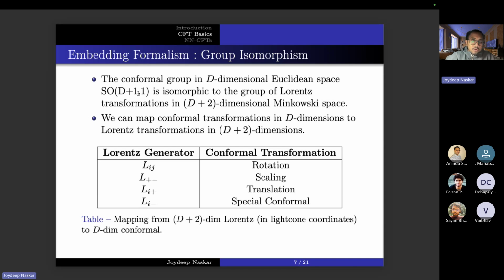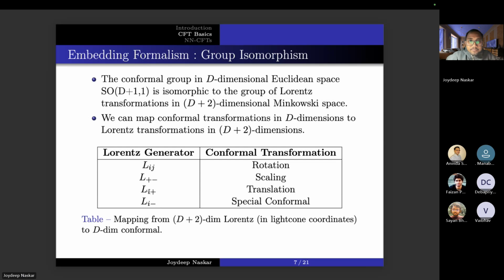They are both SO(d+1,1), and you can explicitly map the generators from one side to the other. If you're in light cone coordinates in the d plus 2 dimensional Minkowski space, then the rotations map to rotations, the scaling takes the off-diagonal value, and the translation and the special conformal transformations are the extra coordinates that we have, plus and minus, with respect to each space-time direction in the d dimensional theory.